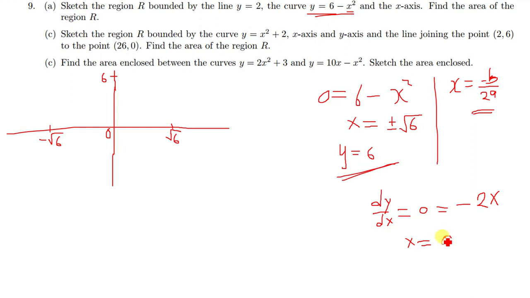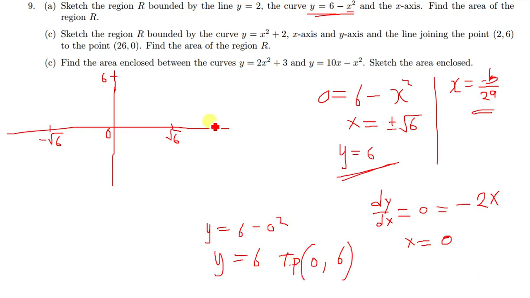Let us now find y where x is equal to 0. We replace x with 0, so y is equal to 6 minus 0 squared, which is 6. So the coordinates of the turning point are (0, 6).